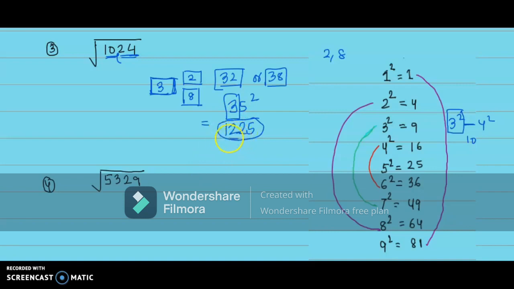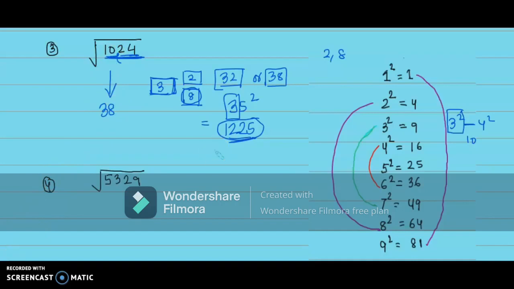Now 1225 is a number which is greater than 1024 that is given in the question. Our answer will have definitely a greater value. So the answer will be 8. That means our final answer for this question is 38. Square root of 1024 has to be 38.